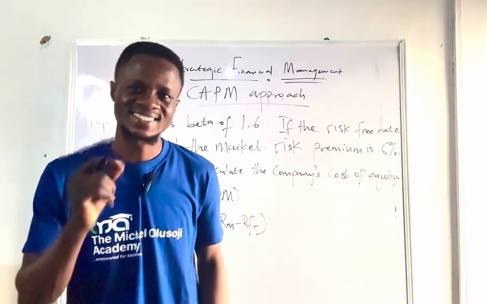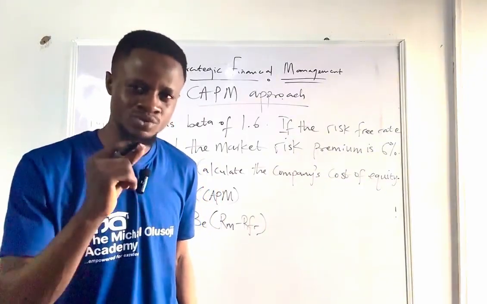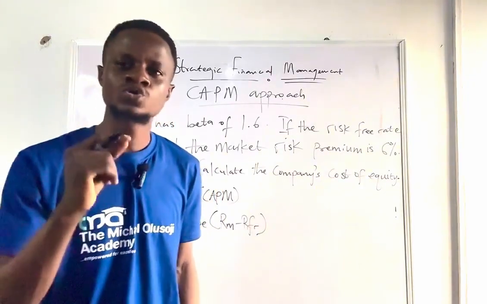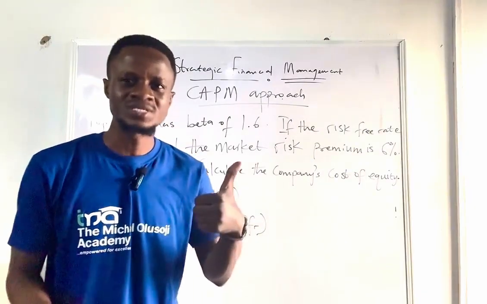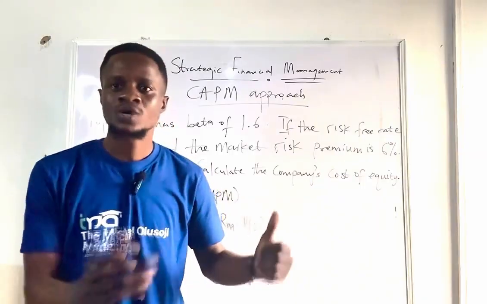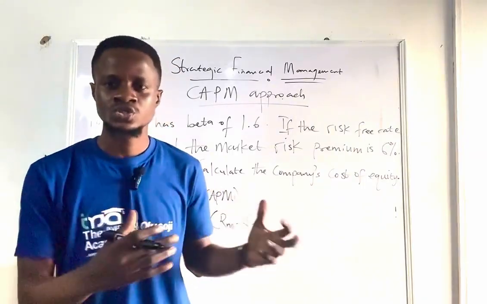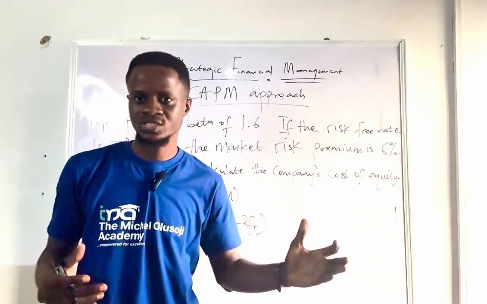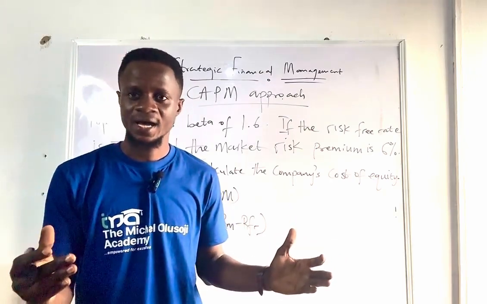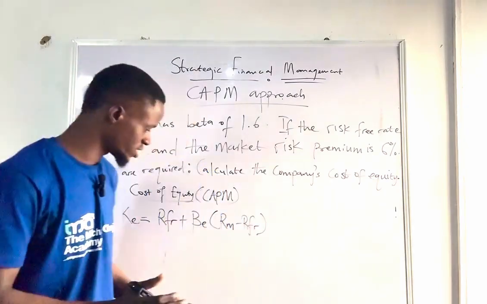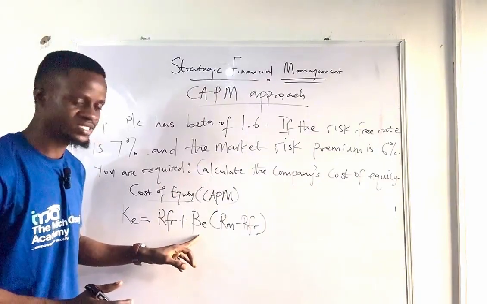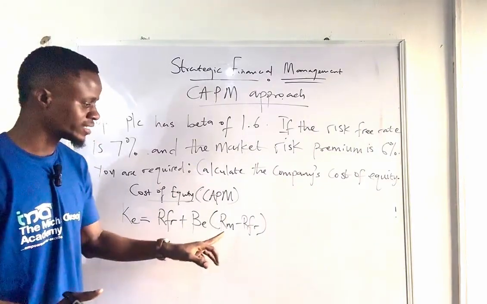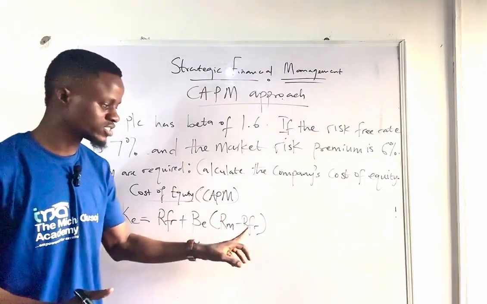The CAPM approach is saying that you determine the cost of equity by considering the risk attached and the returns. So the CAPM approach shows the relationship between the returns and risk. Do you understand that? Here is the risk of the market, the beta equity, the market returns, and the risk-free rate.